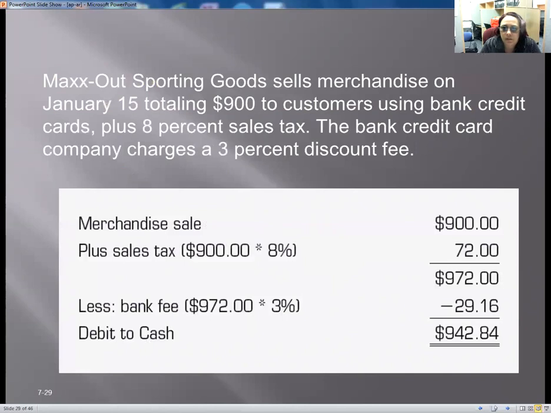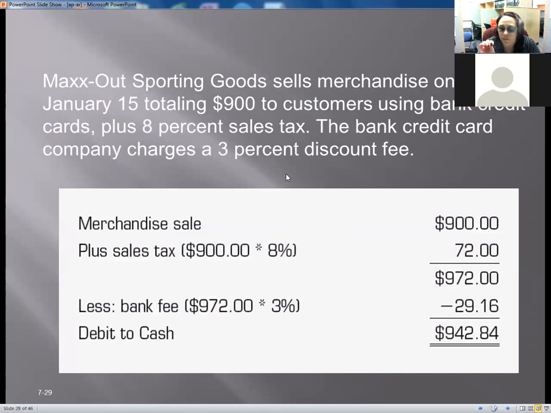All right. So Max Out Sporting Goods sells merchandise on January 15th, totaling $900 to customers using bank credit cards plus 8% sales tax. The bank credit card company charges a 3% discount fee. That discount fee is the actual credit card charge. A lot of credit card companies will charge you a monthly fee, a per transaction fee, or a percent discount fee, or all three.